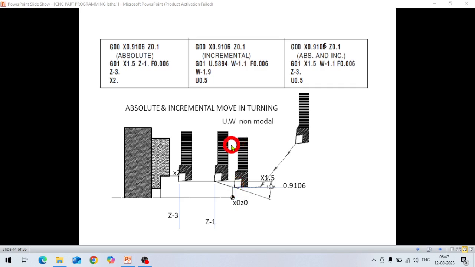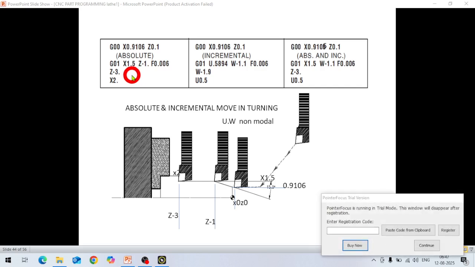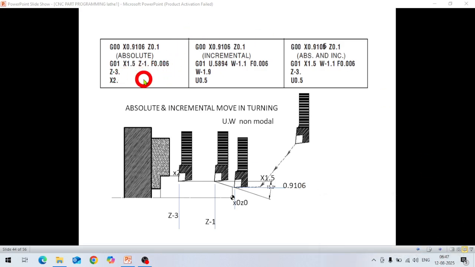Then in the next move, if you see here, G01 means linear cut, X 1.5 and Z minus 1. So both dimensions I have given here, X and Z. It will cut this taper and come up to this point, where Z is minus 1 and X is 1.5.